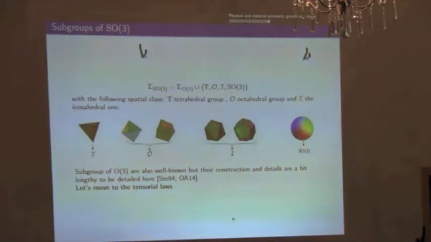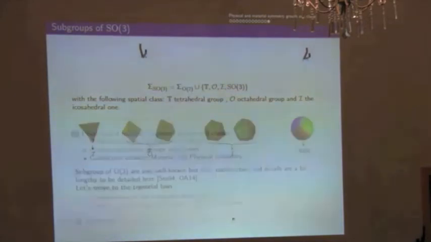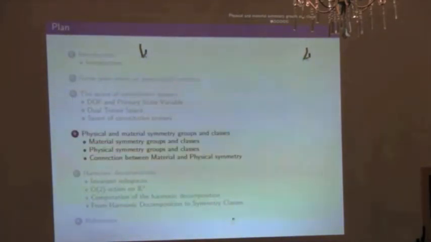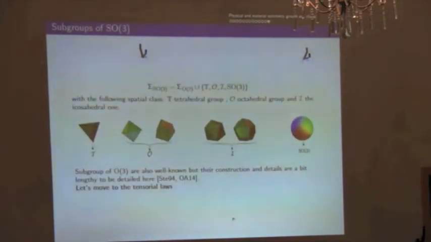In fact, O3 is the semi-direct product of SO3 and the inversion. So if you have that, you can construct all the rest. That means that any physical and material object must be of one of the types just introduced before, with no other possibility.